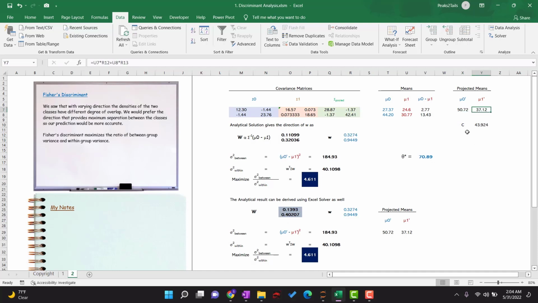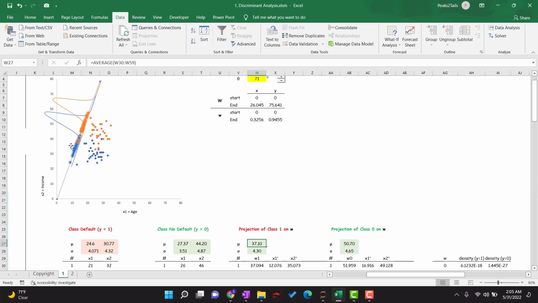So if these are the projected means, then I'll create a decision boundary that lies exactly between the projected means. It will be situated exactly in the middle. So this will be half of this plus this. That's all. So let's say this is 30 and this is 50. My decision boundary will be in between these two.